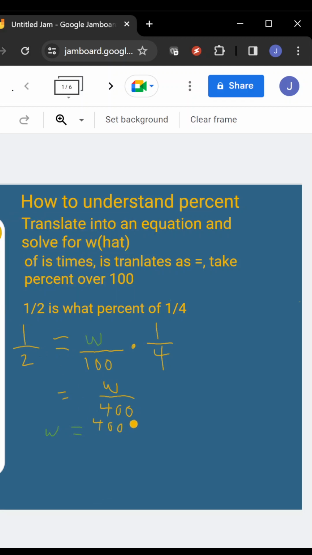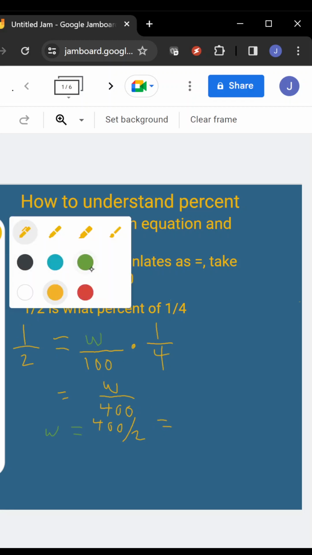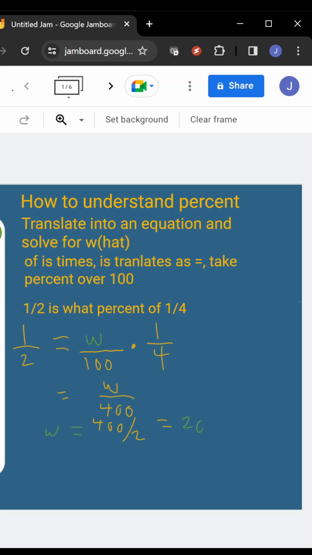What's 400 over 2? It's 200. So my answer here is 200. So 1/2, counterintuitive as it seems, is 200% of a quarter. It's double a quarter. So when you double something, it is really 200% of that something.